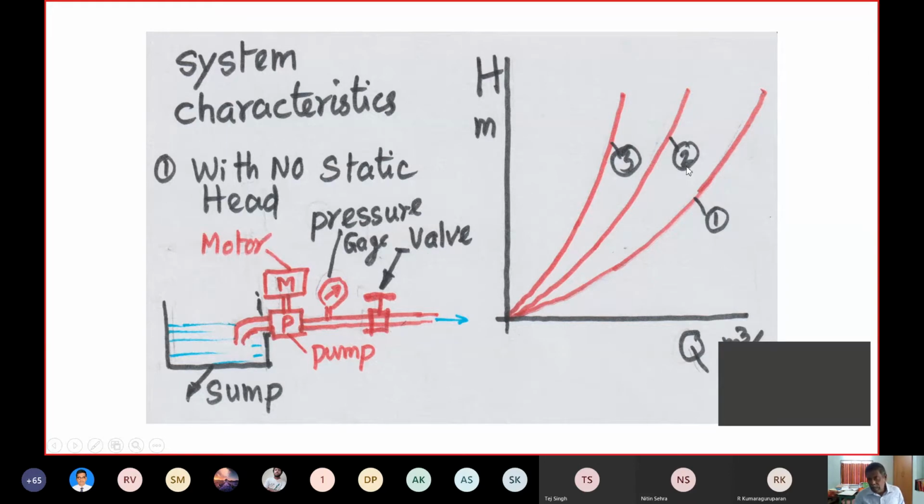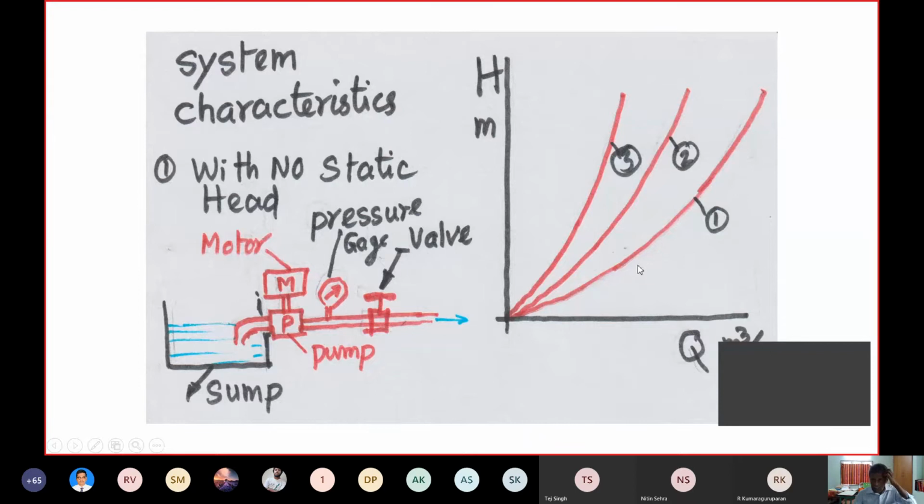Now I have given 3 curves here. Each one corresponds to a particular valve position. You keep the valve position the same. Now to send more discharge, you have to increase the speed of the pump. Correspondingly, the head also will be more. So more head, more discharge.